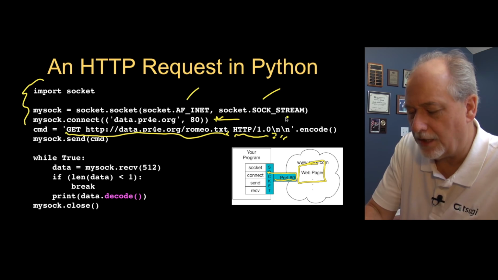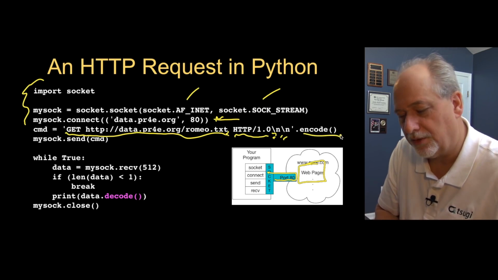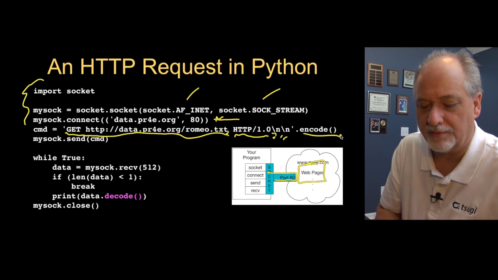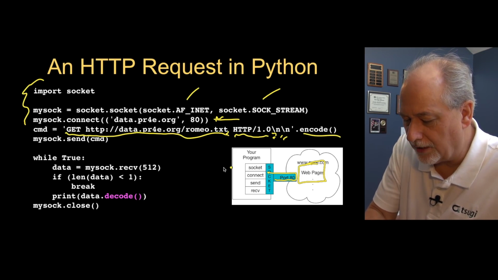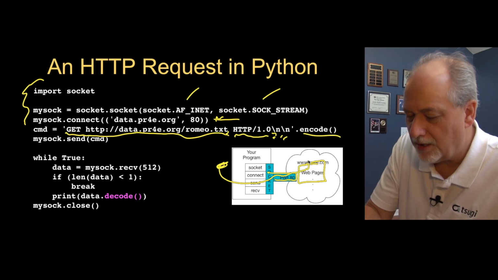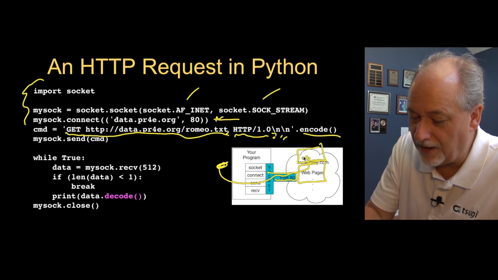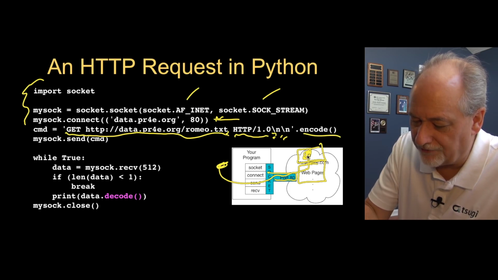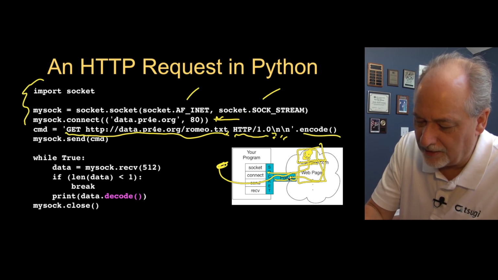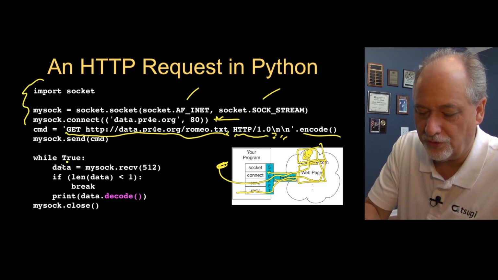Remember, we had to have a blank line. We'll talk a little bit about this encode. It's preparing the data to go across the internet. And then we say send it. And so this basically takes that little string and sends it across the network. And then this piece of software is waiting for it. And then the software goes and reads a file or does some other stuff, and then it starts sending us data back, which we can then choose to receive.